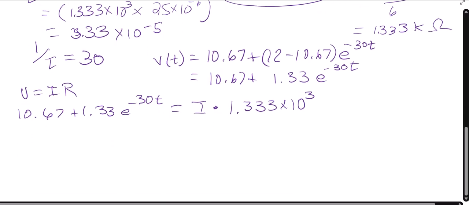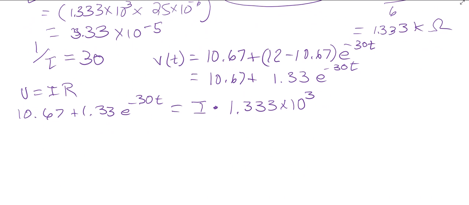And then if you divide through by 1.33, you get 0.002667 plus 0.0003 e to the negative 30,000t amps.